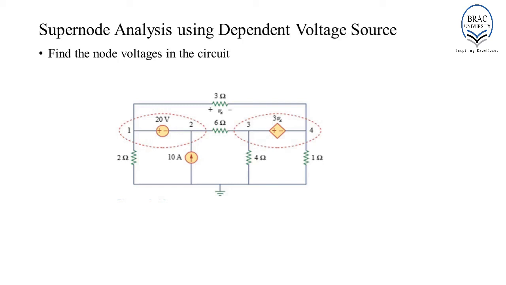That is, we need to deactivate the voltage source with a short circuit equivalent, then consider the nodes involved to be a single supernode, apply KCL to all the nodes including the supernode, determine the linear equations, and solve the linear equations to determine the unknown nodal voltages. The solution for this circuit problem is given in the next few slides.